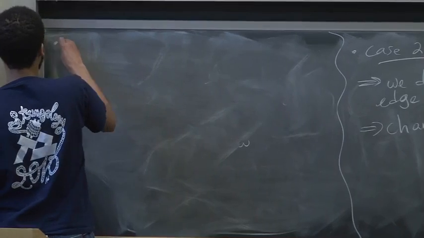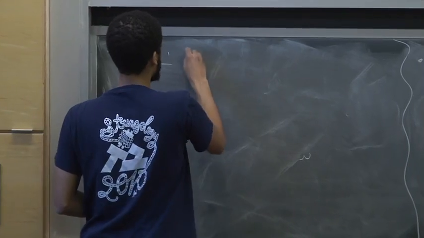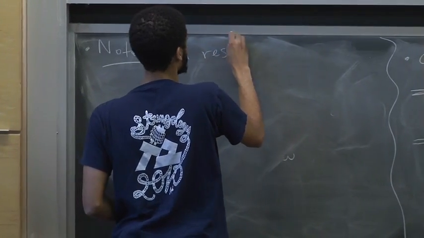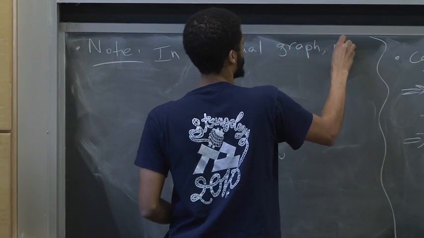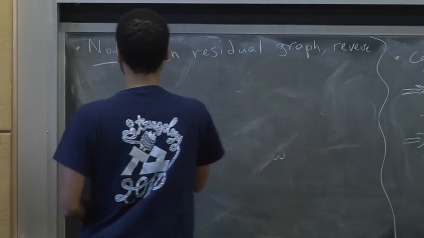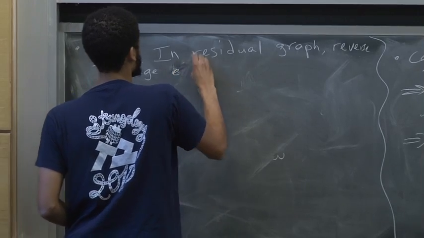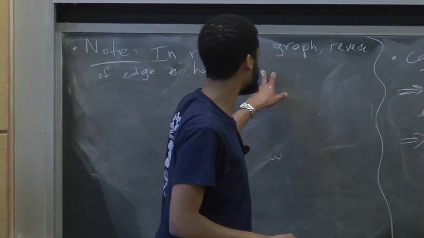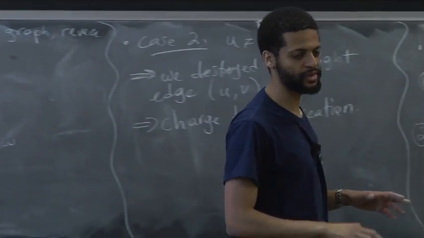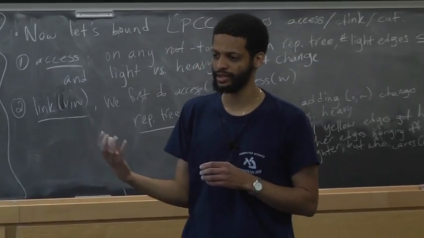Let me write a little note here. In the residual graph, the reverse of edge E has costs. Remember what the residual graph is supposed to represent when we're doing flow computations.